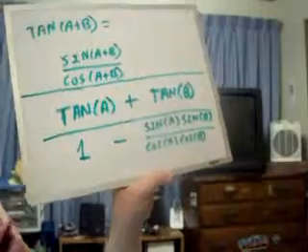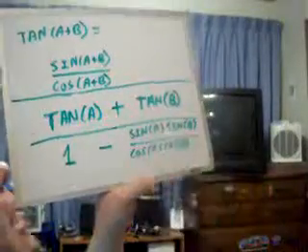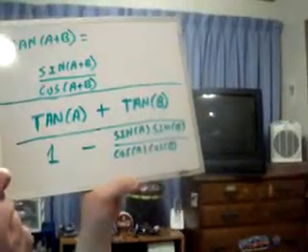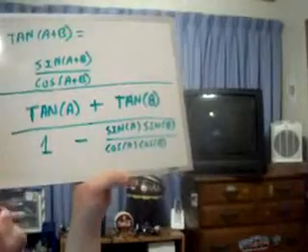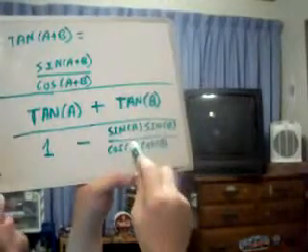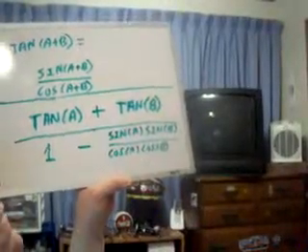This is looking a lot prettier, isn't it? Tangent of A, tangent of B. Now what is the sine of A divided by the cosine of A?